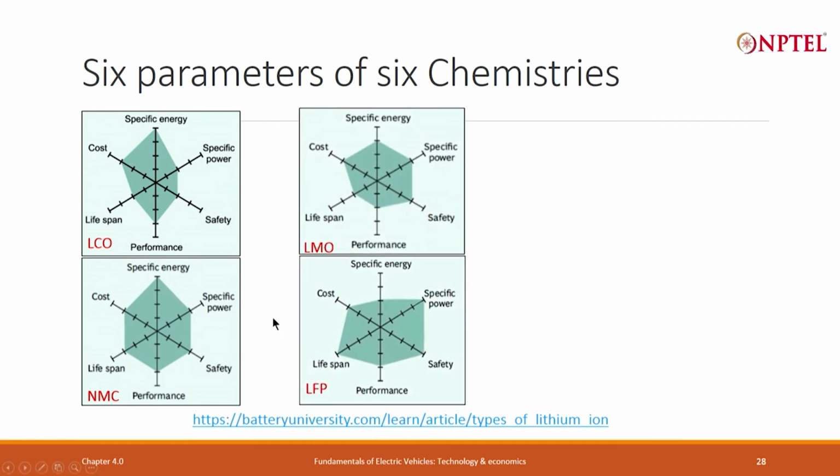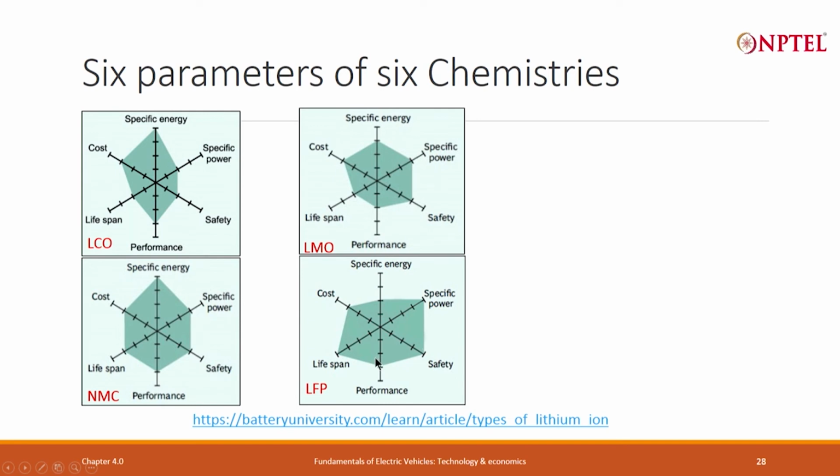If I look at LMO, another chemistry, sometimes today LMO is mixed with NMC. Its cost is lower, but specific energy, specific power, safety and lifespan are also lower. So, when you mix things, you have to really worry about it.